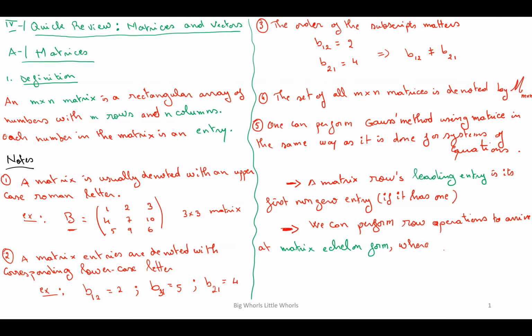You will see shortly with the example where the leading entry in lower rows are to the right of those in the rows above.